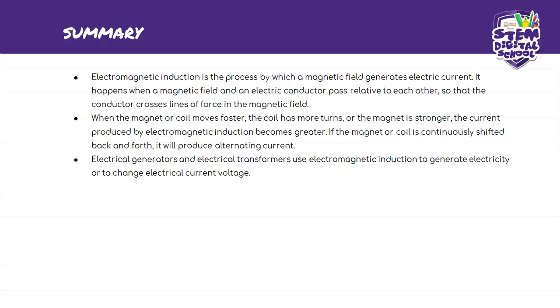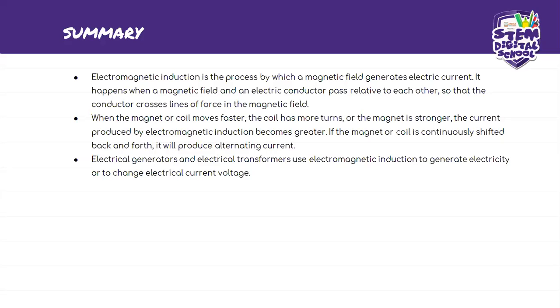When the magnet or coil moves faster, the coil has more turns, or the magnet is stronger, the current produced by the electromagnetic induction becomes greater. If the magnet or coil is continuously shifted back and forth, it will produce alternating current. So these are the things that we spoke about.